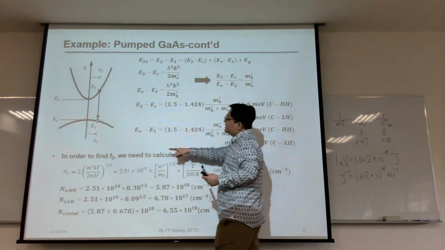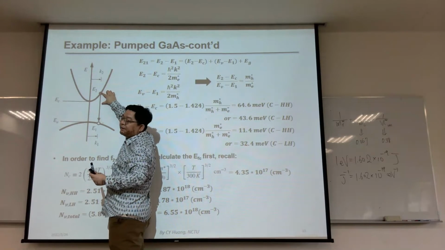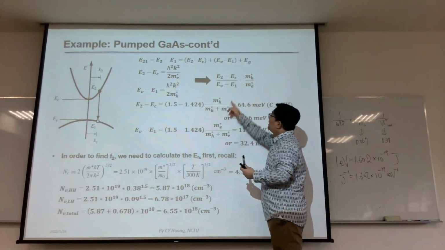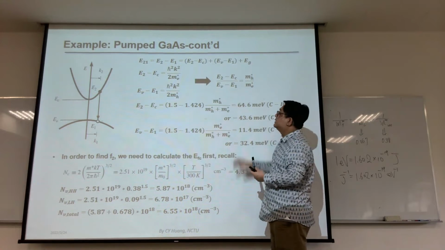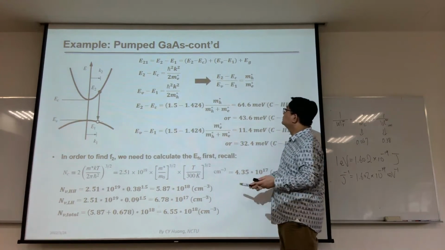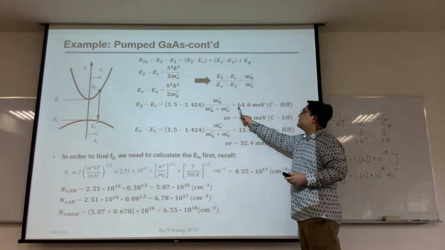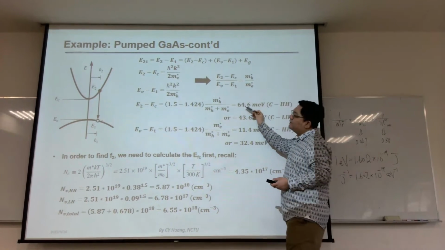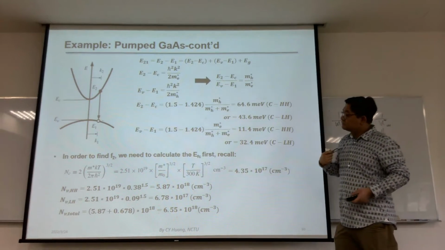Since it is vertical, the rest of the energy should have some part in the conduction band and some part in the valence band, and the partition needs to follow this ratio of the effective mass. So it turns out for heavy hole, the E2 is 64.6 meV above the band edge.